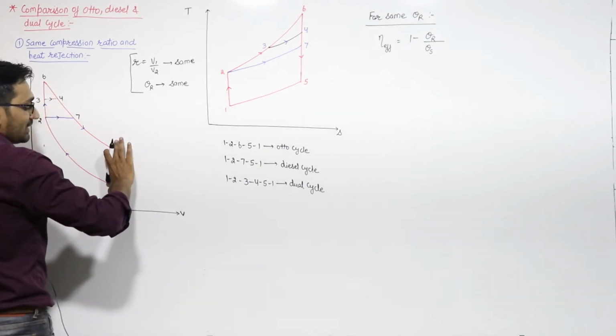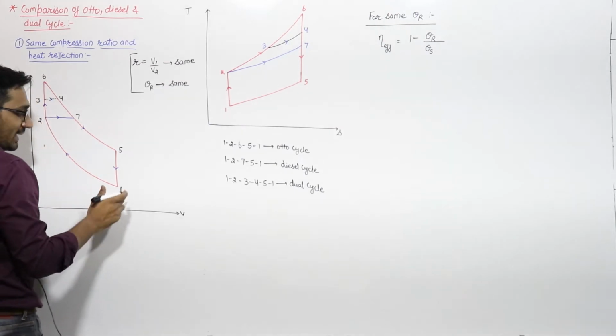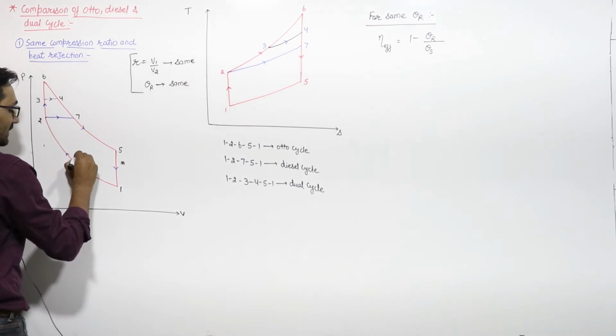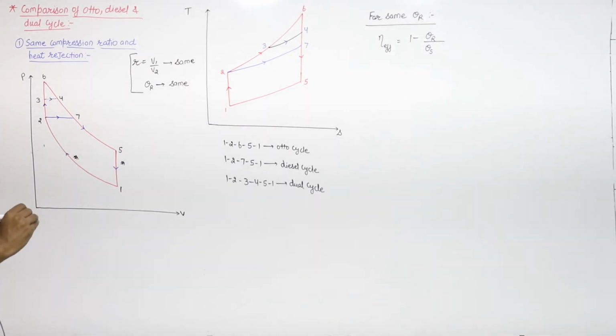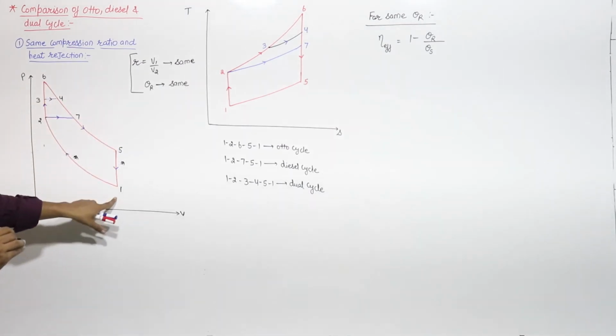This heat rejection is same and this compression ratio is same for all the cycles. So this is the Otto cycle 1, 2, 6, 5, 1.